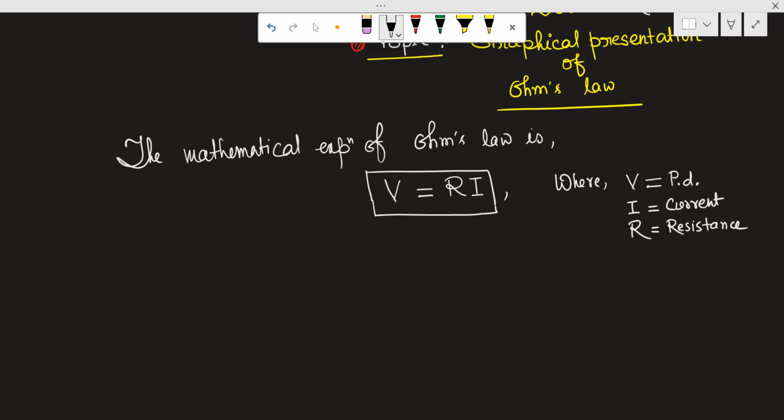For the graphical presentation of Ohm's law, we should know which is the dependent variable and which is the independent variable.